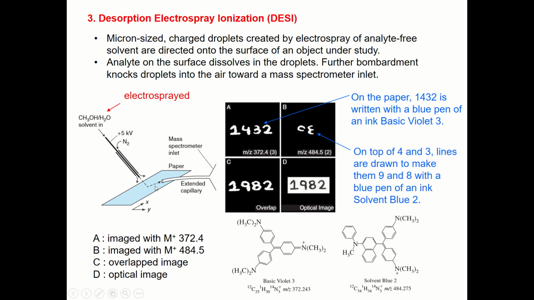This is a very interesting result. Now let's assume on this paper, on this surface, you wrote this number 1432 with this ink, a blue ink. Then with another ink, also blue ink, but the structure is different and the molar mass is also different.